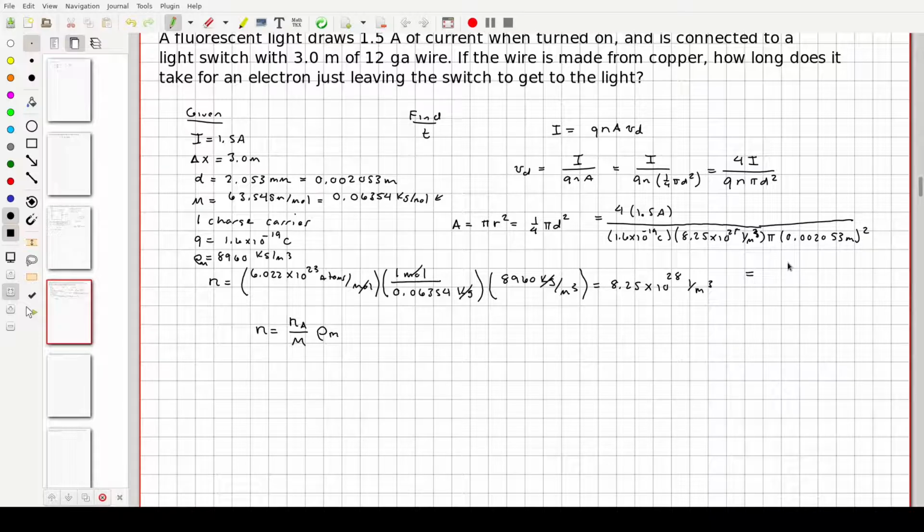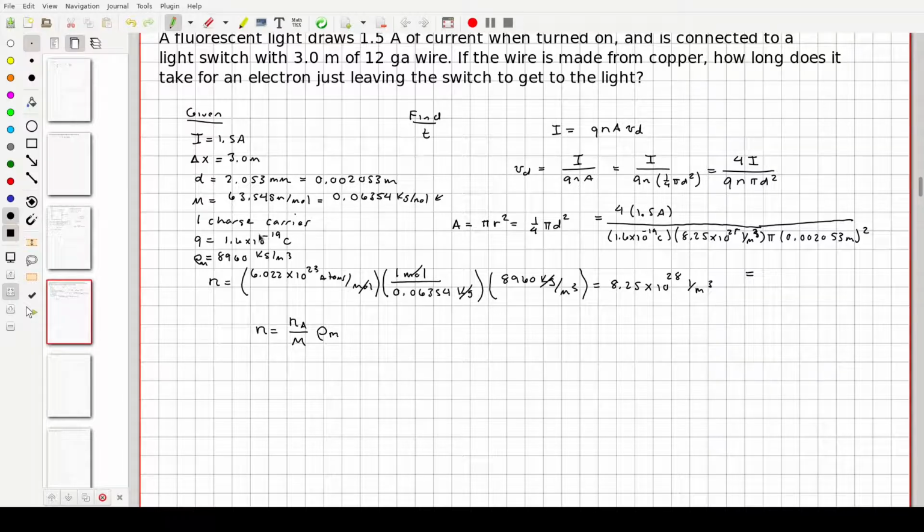Let's see, 4 times 1.5 divided by 1.6 times 10 to the minus 19th times pi times 8.25 times 10 to the 28th times 0.002053 squared.